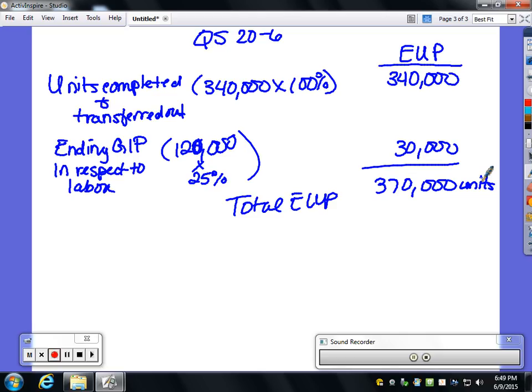Okay. Lastly, Quick Study 20-9. Refer to Quick Study 20-6 and compute the total equivalent units of production with respect to labor for March using FIFO. So before we did weighted average. Now we have to use FIFO. How much does that really truly change from the weighted average?